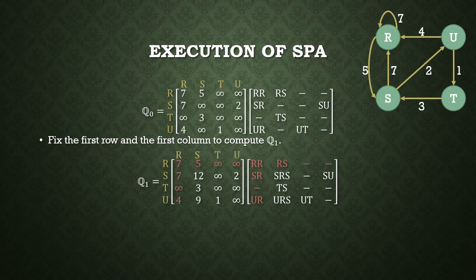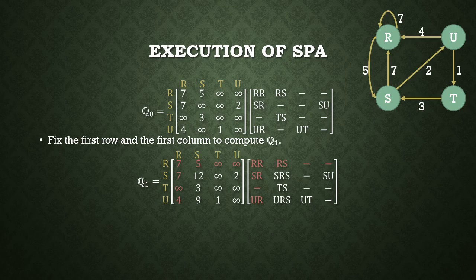Consider the TS entry. The old value is 3. This entry is at the intersection of 5 and infinity, so the new value will be infinity. So we leave the old value as it is. Now I come to TT. The old value is infinity and this lies at the intersection of infinity and infinity.